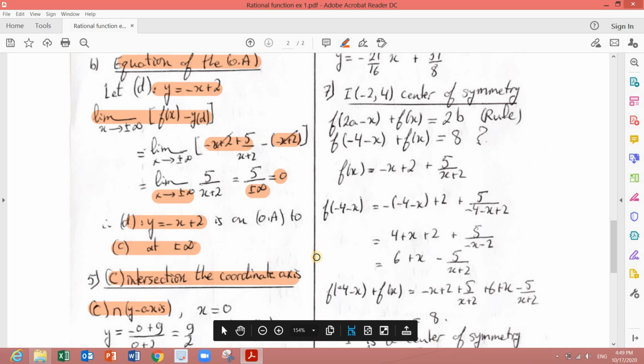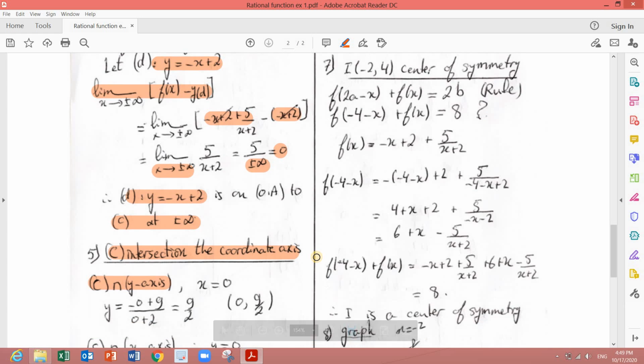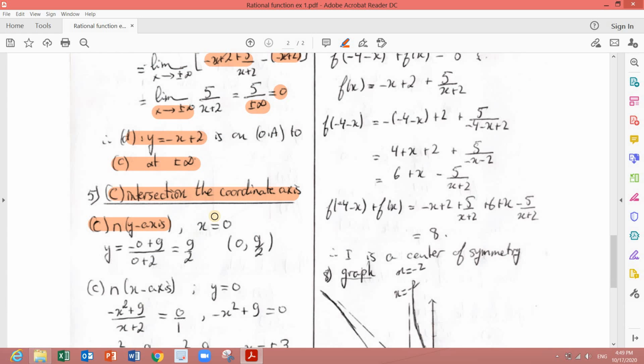We are going to check where the curve cuts the y-axis. Since every point on the y-axis has an abscissa 0, so x equal to 0. Once again, to determine the intersection with the coordinate axes means both axes, x-axis and y-axis.